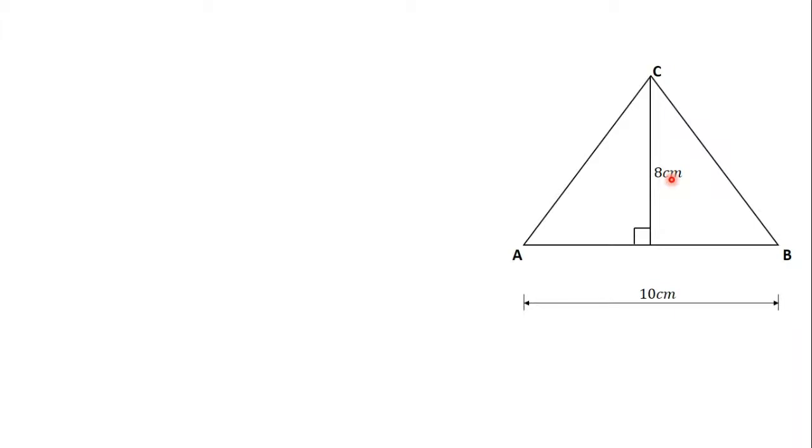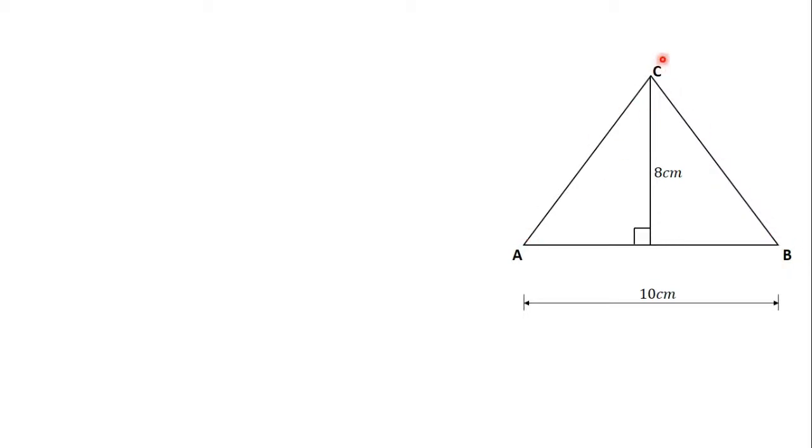We've learned that for isosceles triangles, two sides of the triangle are equal. So in this question, we have the base as AB, which is 10 centimeters. The two remaining sides are AC and BC. So for this triangle, the side AC is equal to the side BC.